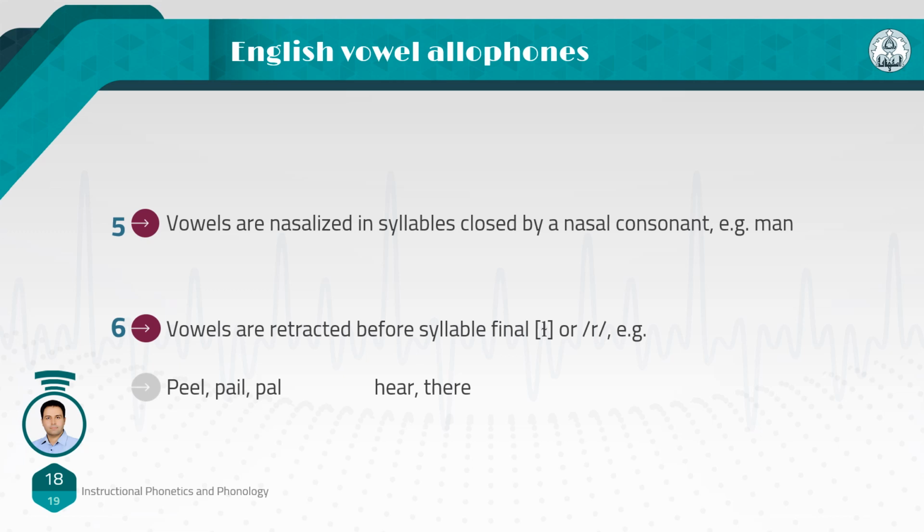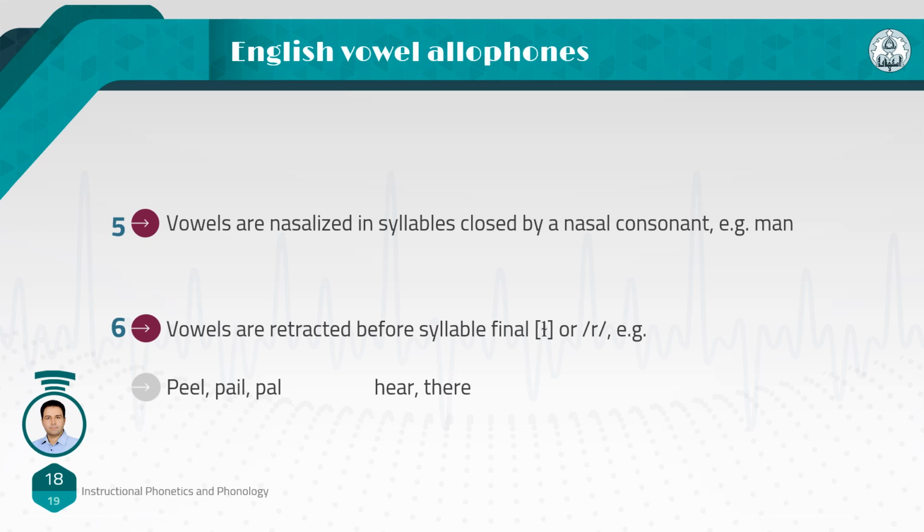So in words like pill, pale, pal, or here, dear, vowels are retracted. It means that they're affected by this final velarized l or r. It moves back into the main part.